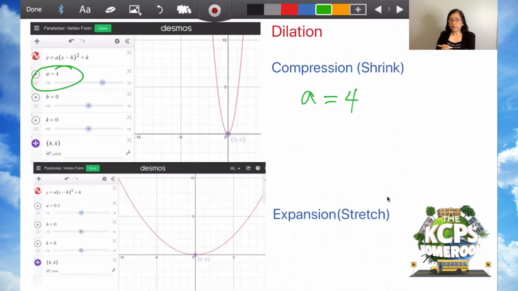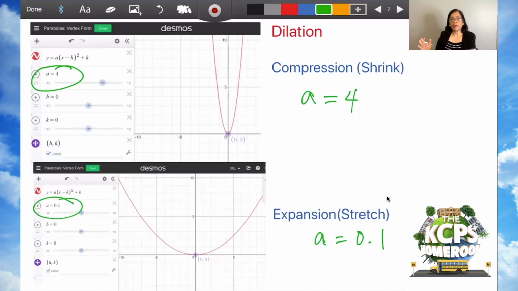On the second graph, when a is 0.1, a smaller value between 0 and 1, a decimal, notice what happens to the graph. The graph is expanded, there's a stretch, or the graph widens.